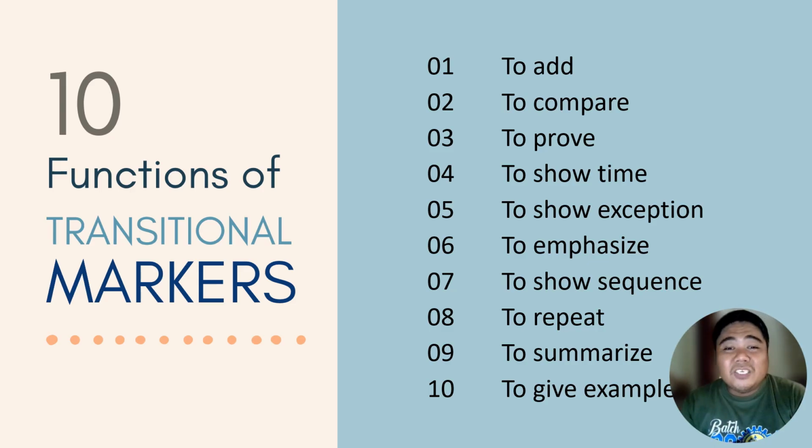Here are 10 functions of transitional markers. We have to add, to compare, to prove, to show time, to show exception, to emphasize, to show sequence, to repeat, to summarize, and to give example.